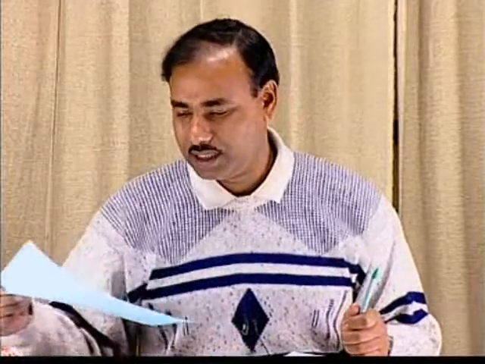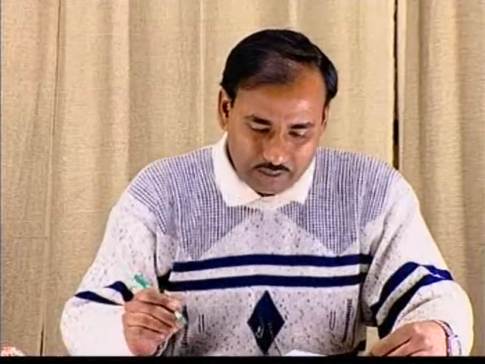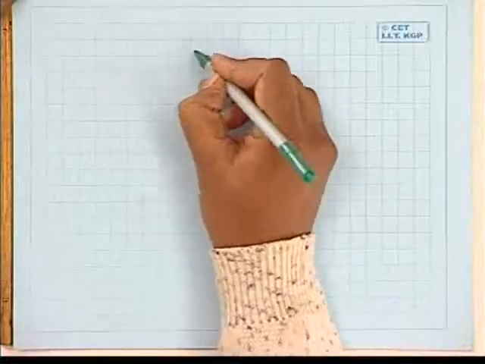Now let us take an example with a precedence graph and try to develop a code for that precedence graph to make use of the concurrency. Okay. So I'll take a precedence graph something like this.